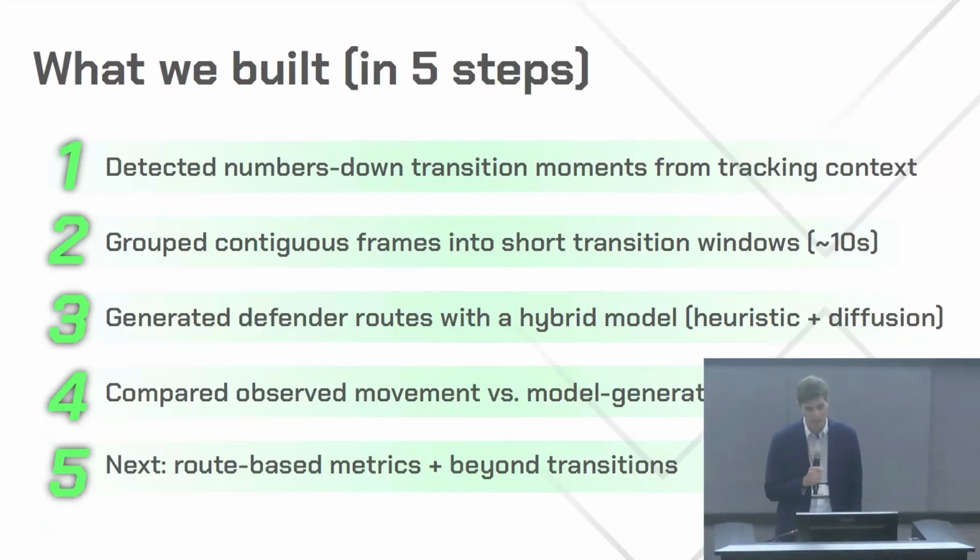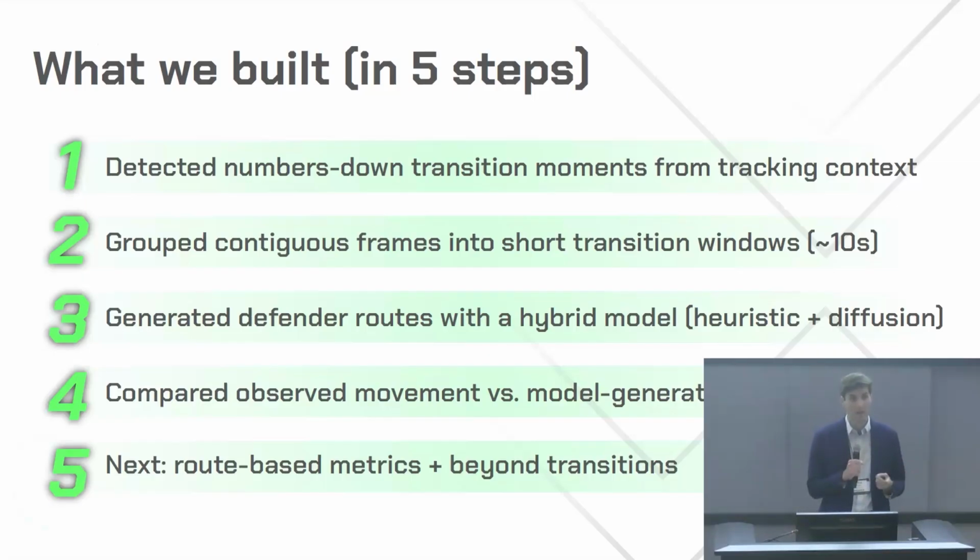So here's how we built it. We started off by scanning the incredible tracking data from SkillCorner, and we flagged events that look like a counterattack based on ball position and the number of defenders present. From there, we grouped those frames we identified into 10-second windows, so we're actually modeling a real decision moment, not a random frame.